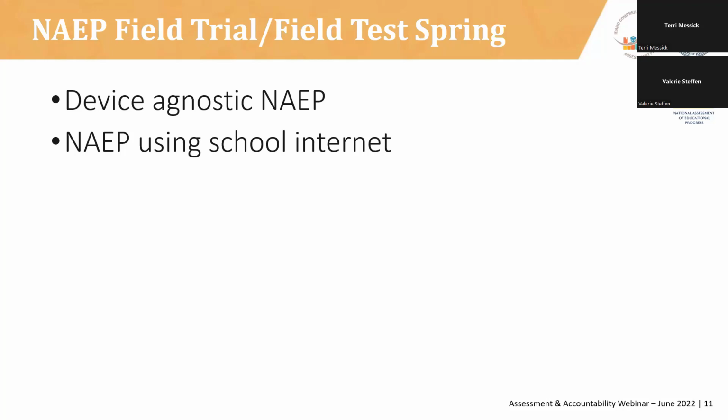Two, reduced costs. NAEP is looking into using Chromebooks rather than the already used Surface Pros. They're also looking at using online systems, so no matter what device the student is on, they can easily take the assessment. Reaching out to schools will look exactly like it does in a normal NAEP year. I will soon receive a list of districts that were selected and will send out notifications when I have more information.